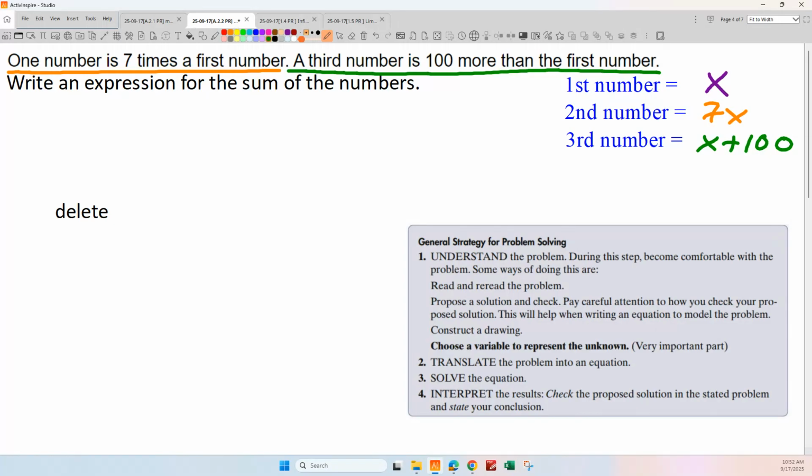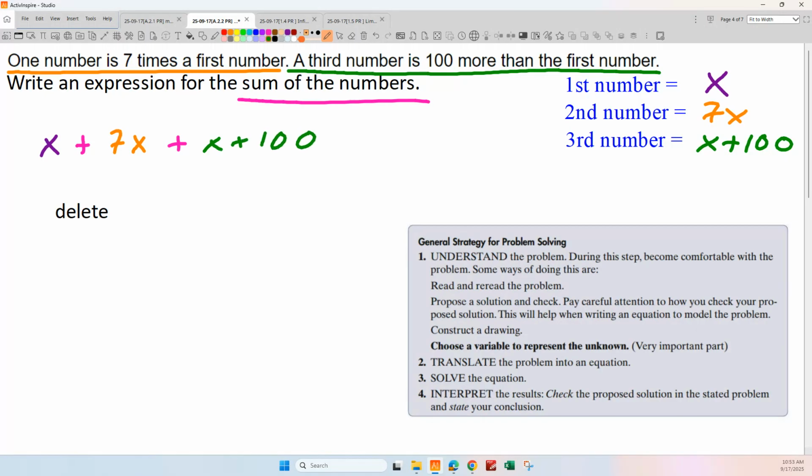So if I want to write the sum of those numbers, what does sum mean? Add them up, right? So if I add all those numbers up, what do I get? Well, that's just going to be x plus 7x, whoops, plus x plus 100, right?